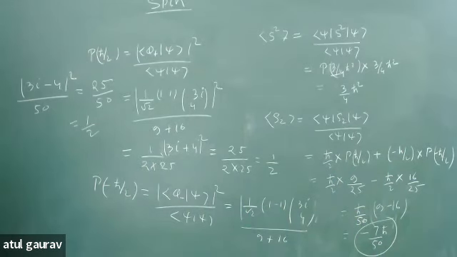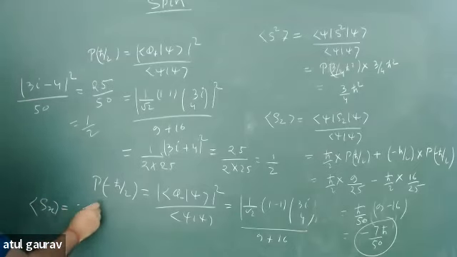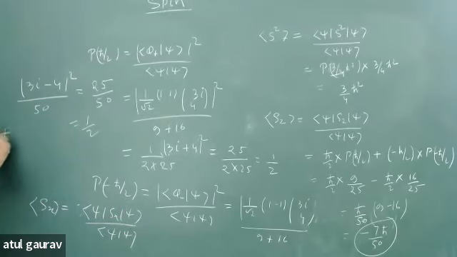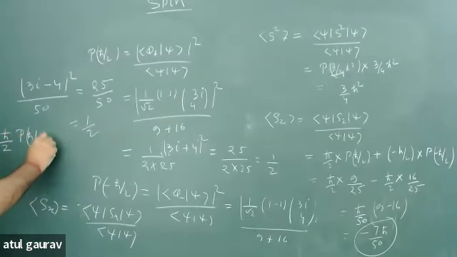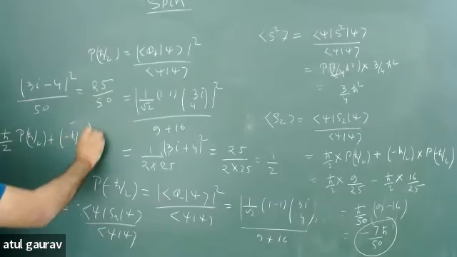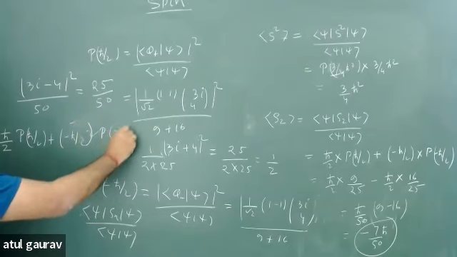And what will be the average value of Sx? 0. The average value of Sx. Again you can find it either by computing Sx psi, or you can just go for the eigenvalue for Sx also: h cut by 2 and the probability of h cut by 2 plus minus h cut by 2 and the probability of minus h cut by 2.